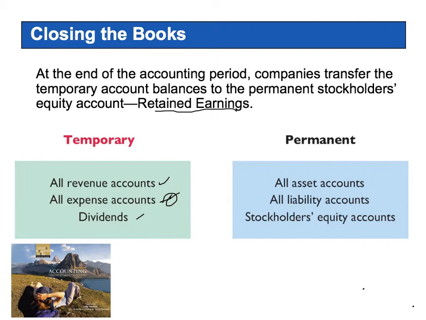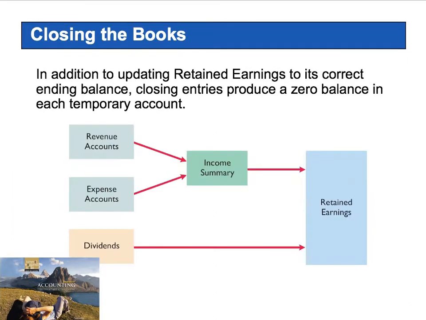The same with dividends. These are called temporary accounts. The only permanent accounts are the balance sheet accounts. That is the assets, liability, and shareholders' equity. So therefore, at the end of this accounting period, in order to begin the new accounting period properly, we have to bring these accounts back to 0.